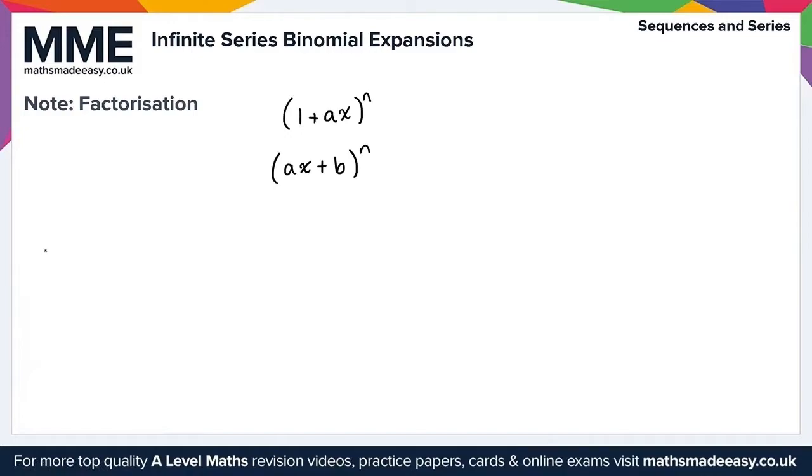Well, in that case we'd write ax plus b to the power of n as b to the power of n times 1 plus a over b x, all to the power of n. And then we'd simply use our formula on 1 plus a over b x to the power of n, and then we just multiply our final answer by b to the n. Okay, so that gives everything we need for factorization.